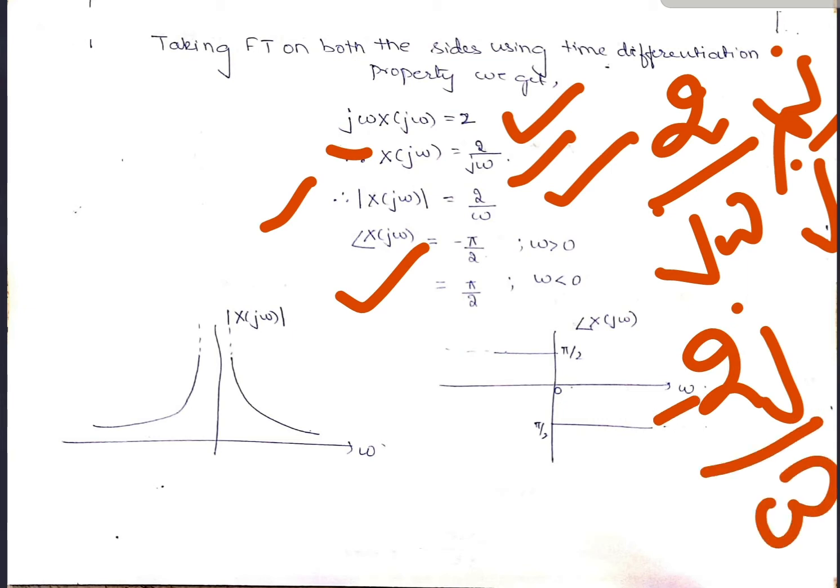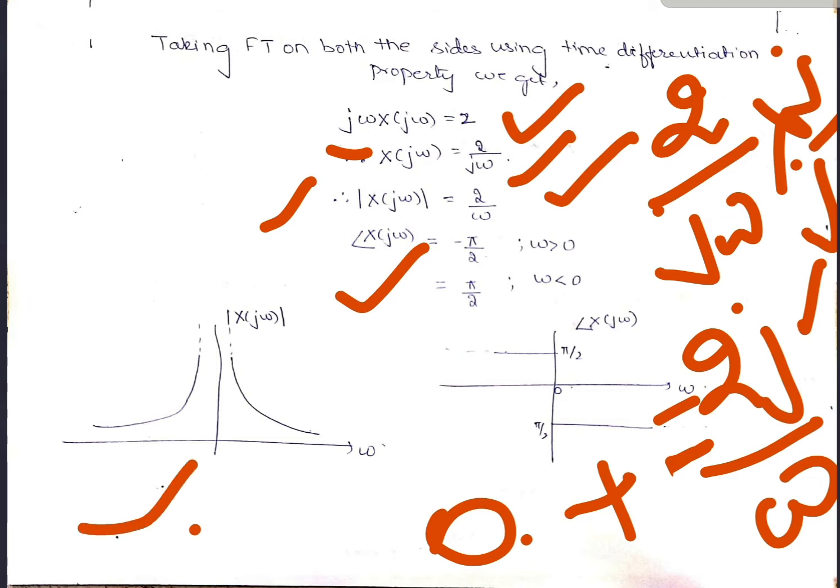So for omega greater than 0, the angle is tan inverse of y by x, that is something by 0, which is infinity. Therefore it is minus pi by 2 for omega greater than 0, and for omega less than 0, it is plus pi by 2.